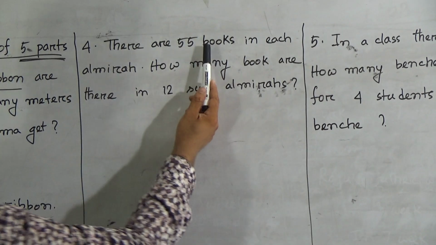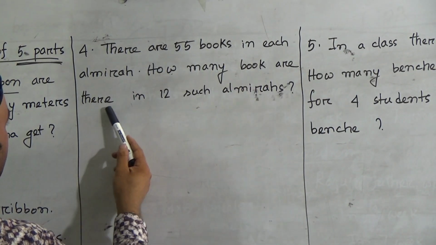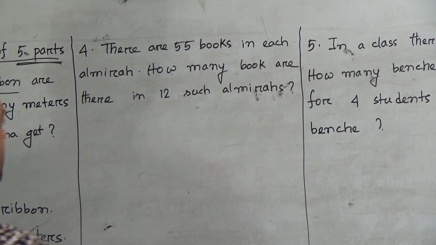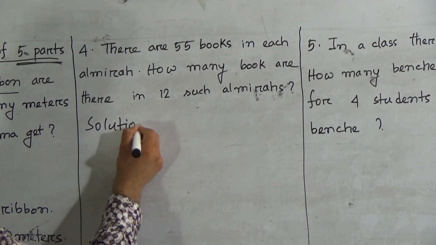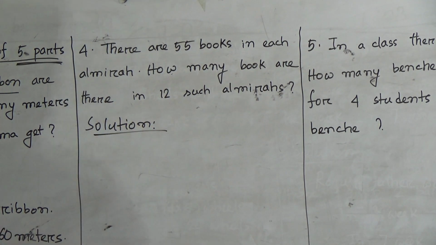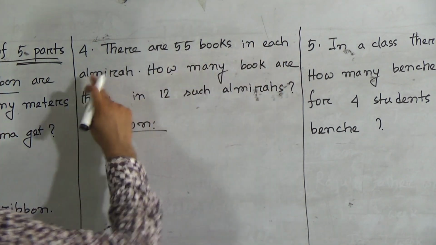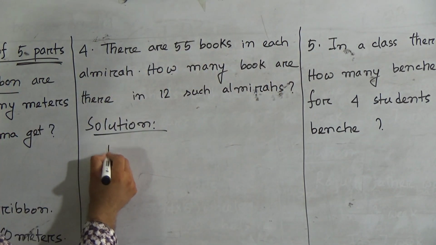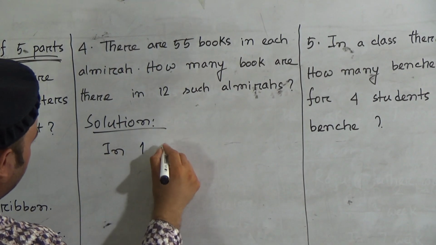There are 55 books in each almira. How many books are there in 12 such almiras? So here, solution. 55 books in one almira.